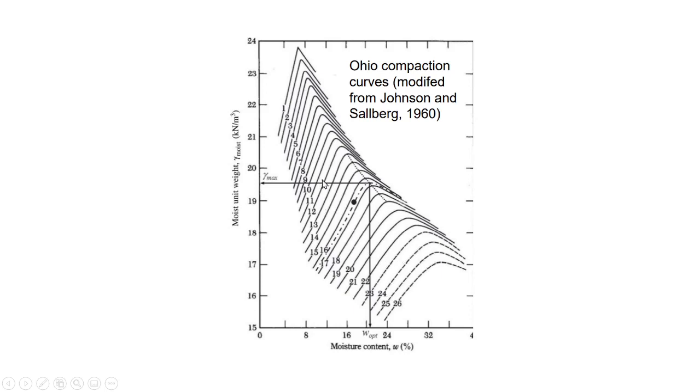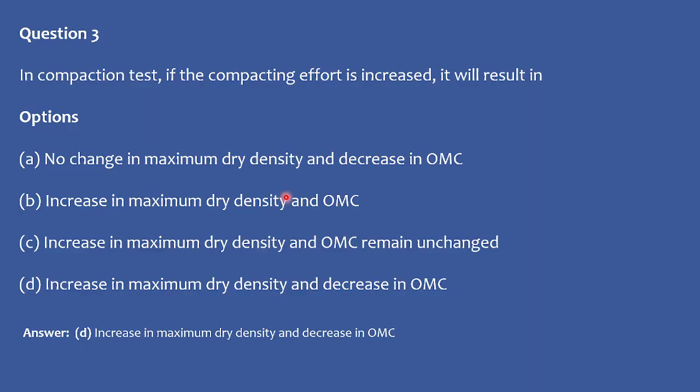If at any point I compare the two graphs at different moisture content, we can see that as we increase the compacting effort, the moisture content is decreasing and the corresponding dry unit weight is increasing. So option D is correct. There will be an increase in the maximum dry density and a decrease in the optimum moisture content.